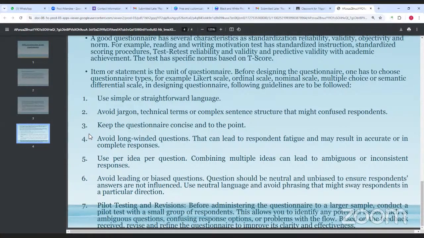For example, the trait anxiety inventory of Spielberger is highly correlated with the neuroticism scale of the Eysenck questionnaire, because both are measuring the same construct.